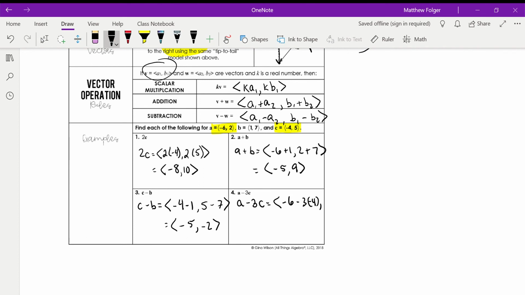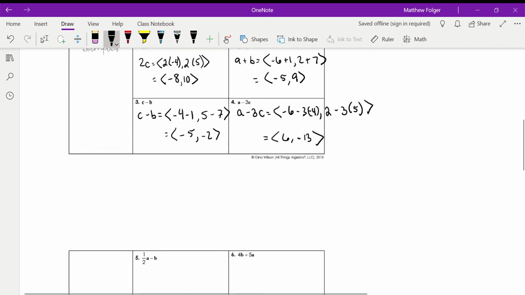And then I want to take A minus 3C for the second values here. So I want to go 2 minus 3 times 5. So if I can do both of those operations, I'll know what A minus 3C is. So this is -6 plus 12, which is 6. And then I have 2 minus 15, which is -13. So there's number 4.